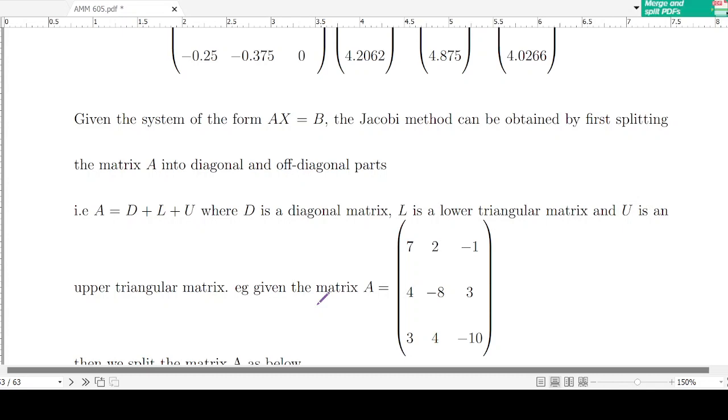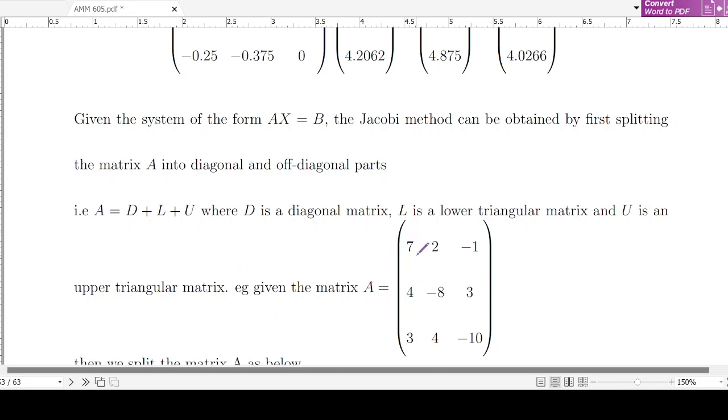Now, normally, when you are given a system of the form Ax = b, the Jacobi method can be obtained by first splitting the matrix A into the diagonal and off-diagonal parts. So we write A equals D plus L plus U, where D is the diagonal matrix, L is the off-diagonal lower triangular matrix, and U is the off-diagonal upper triangular matrix.